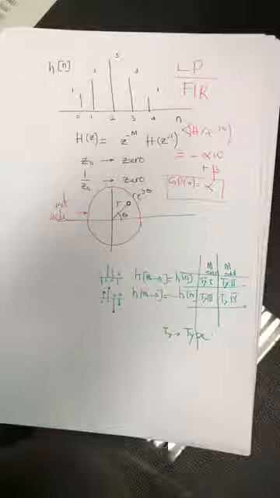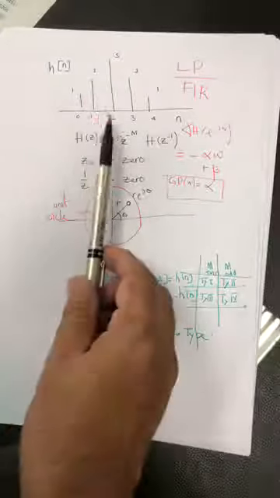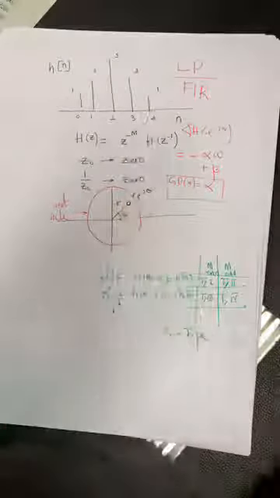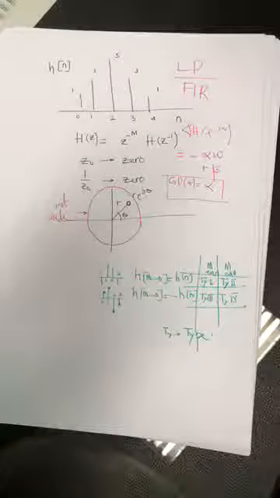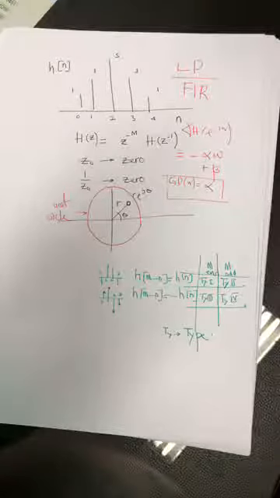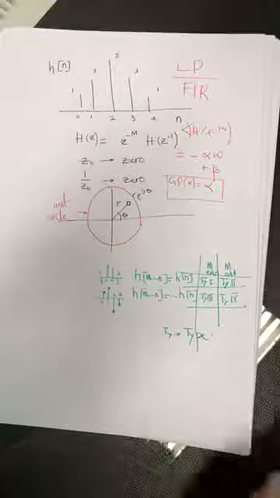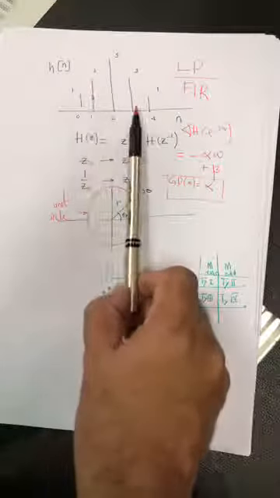It is very easy to achieve: once you design the impulse response, it should be either symmetric or anti-symmetric. Whenever you see an FIR filter, you will find that mostly they are symmetric filters. And what is symmetry? The first coefficient is the same as the last, the second is the same as the second last.